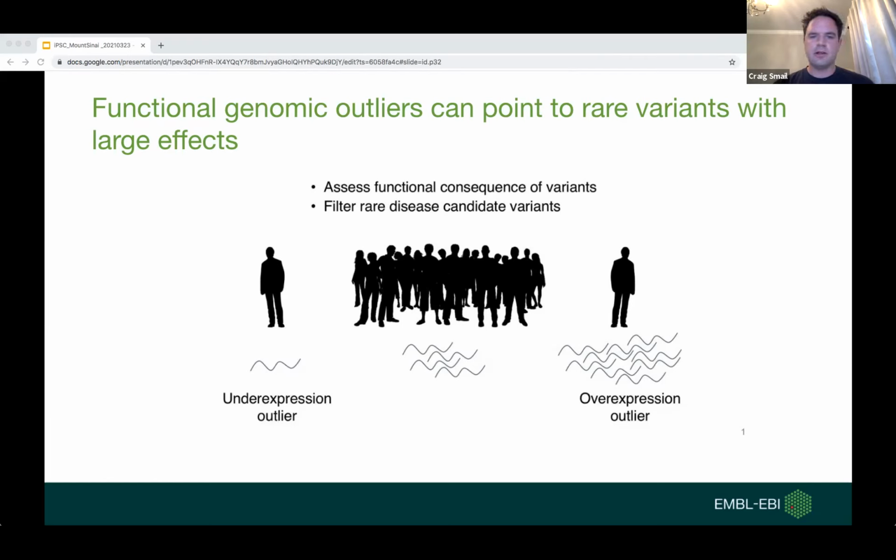And outliers here are individuals who have markedly less expression, like the person on the left here, an underexpression outlier, or more expression, an overexpression outlier, the person on the right, compared to a large reference cohort, here the iPSC transcriptomic information. And this approach allows us to assess the functional consequences of coding and non-coding variants.